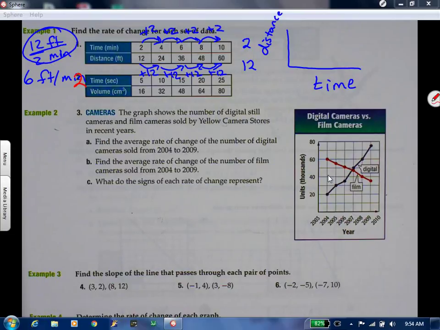So you're looking at how much does the top change? How much does the bottom change? What'd you get?